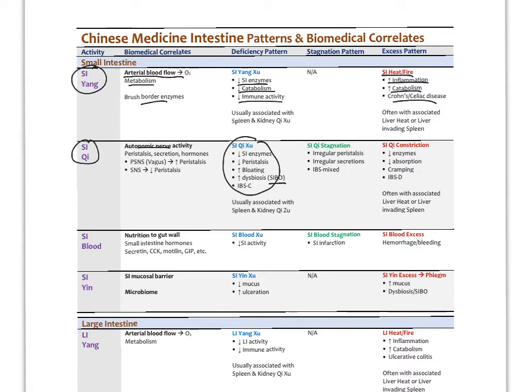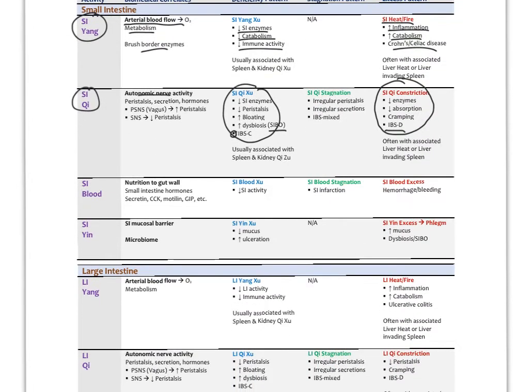That might be more prevalent in irritable bowel syndrome where constipation is the predominant type, versus the qi constriction pattern, which would be more cramping, and that would be something you'd see more in IBS-D, the diarrhea subtype. Now, IBS is not just a small intestine disorder, we also consider it a large intestine disorder, so it covers both.